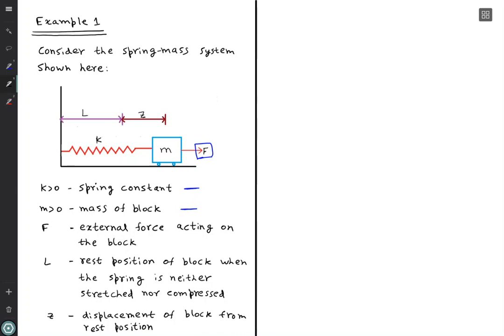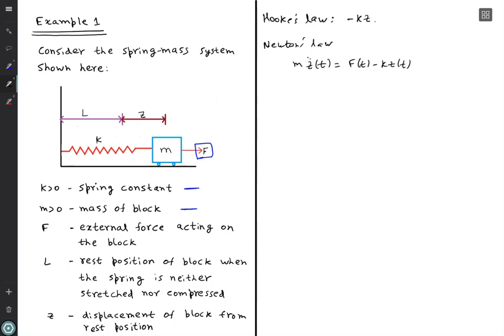Now the force exerted by the spring on the block is given by Hooke's law, and the expression for this force is minus kz. So from Newton's law of motion, we get that m z double dot of t is equal to f of t minus k z of t.